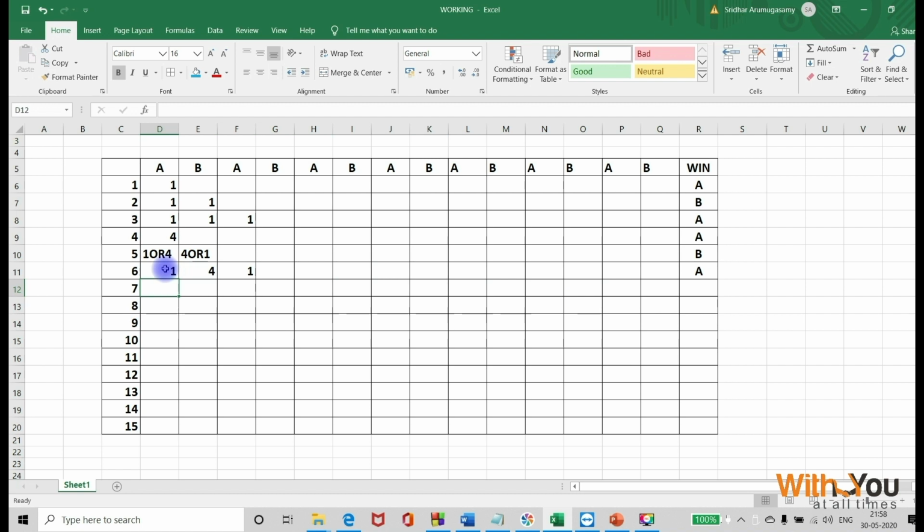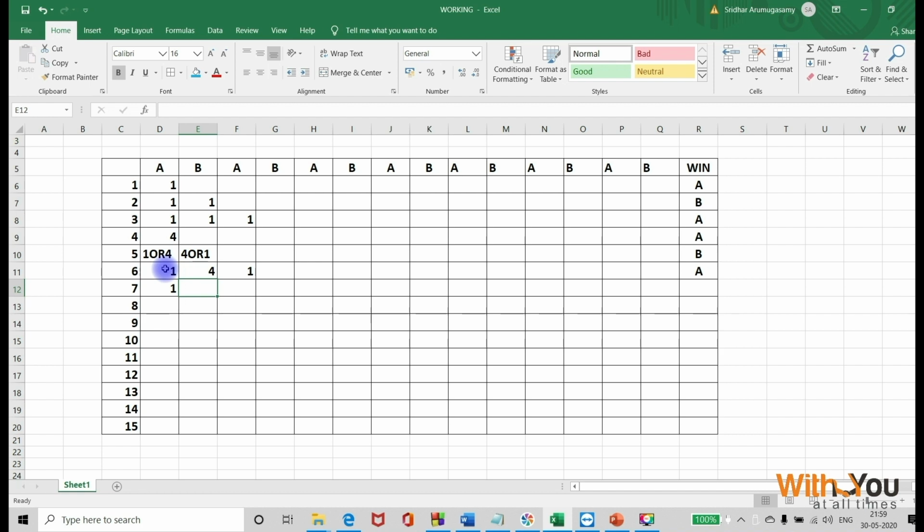Next, 7. Now look at the situation. Alice can take 1 or 4. If Alice takes 1, 6 is left out. Now it is Bob's turn. Bob would say, I have 6 stones in front of me right now. If I play 1, there is going to be 5 in front of Alice, and if she plays 4 or 1, I will pick up the other.